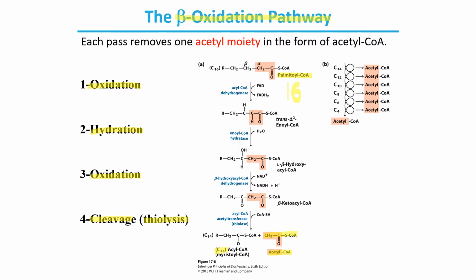So in one round of this beta oxidation, we break away a two carbon moiety, that is the acetyl-CoA, and the remaining carbons are still intact. So we repeat these four reactions again, and from 14 we get to 12, to 10, to 8 in each round, and eventually we break down the whole of the palmitic acid, which had 16 carbons, into 8 acetyl-CoA molecules. Each will have 2 carbons in it.